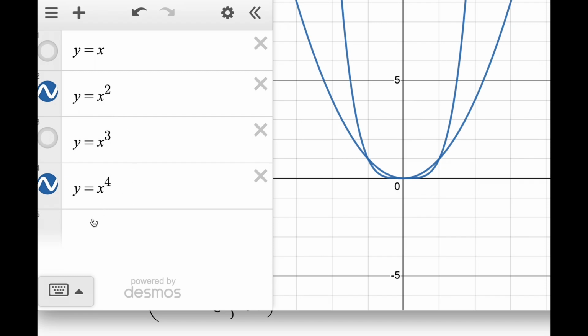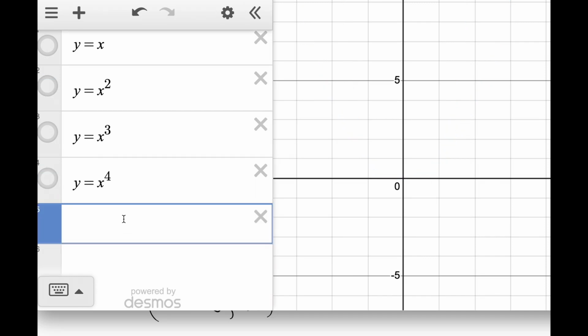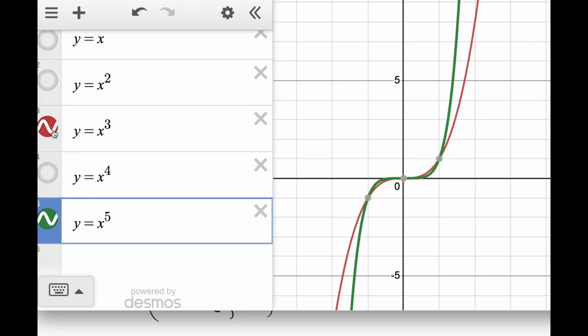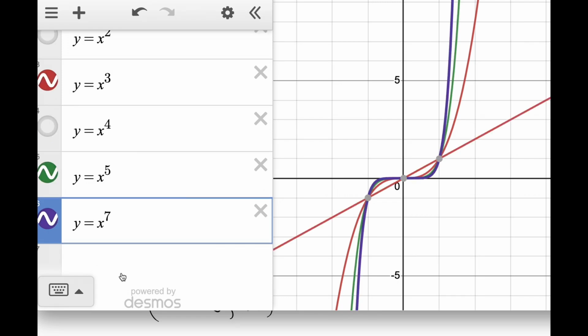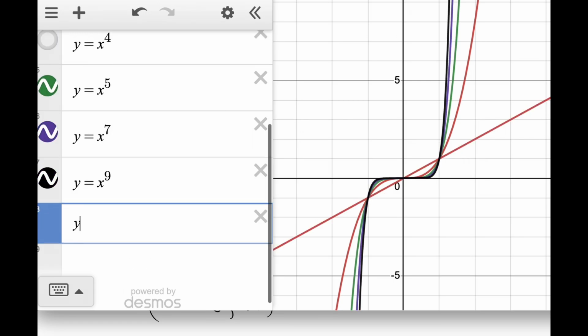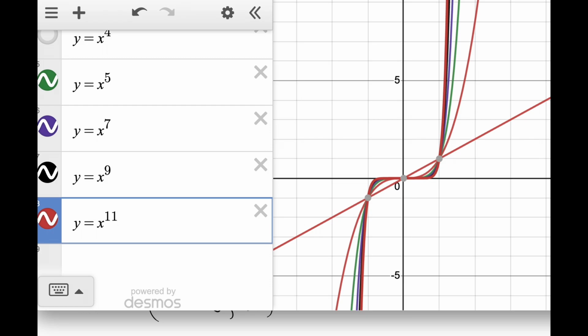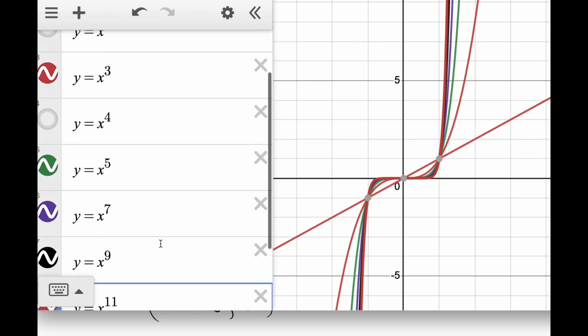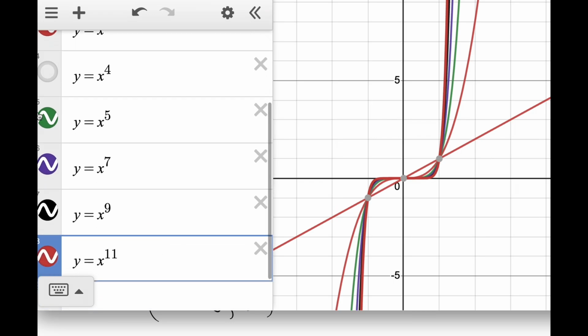And so there's going to be a pattern here where x's with an odd power will be similar to each other. And x's with even powers are going to be similar to each other as well.